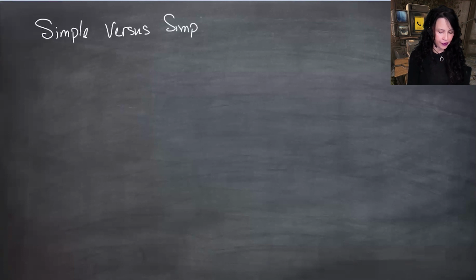I said we were going to talk about the types of error in hypothesis testing. We're going to start by defining them in a simple case. Simple versus simple hypotheses.